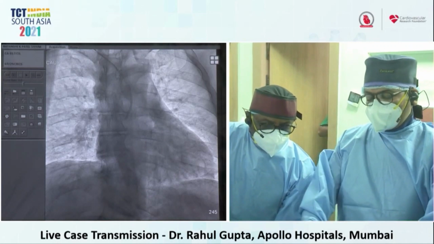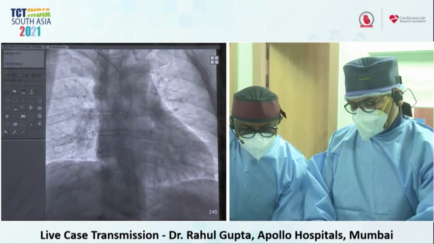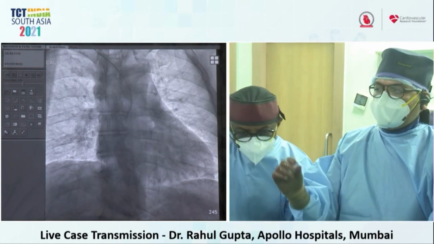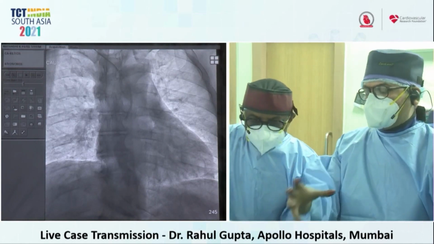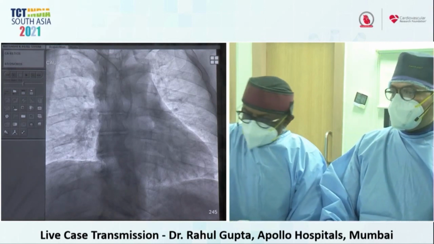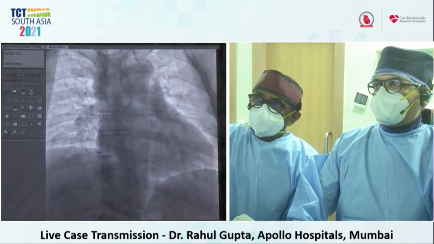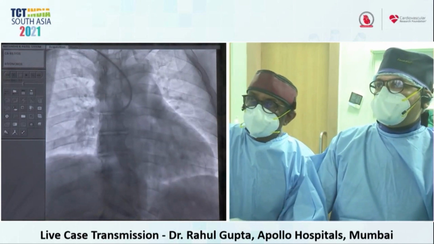And the most important reason which has been found for radial artery spasm and difficulty is when we use a higher size sheath, which causes the artery to get into spasm, and then it becomes very difficult to cannulate. So this is the advantage which we get.